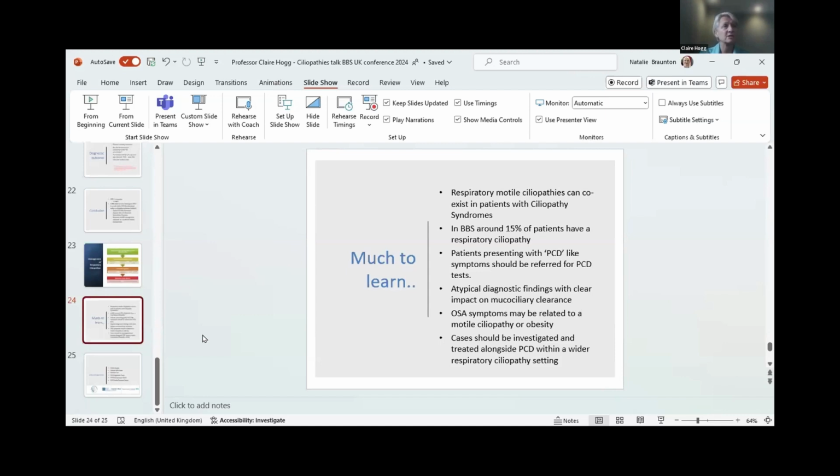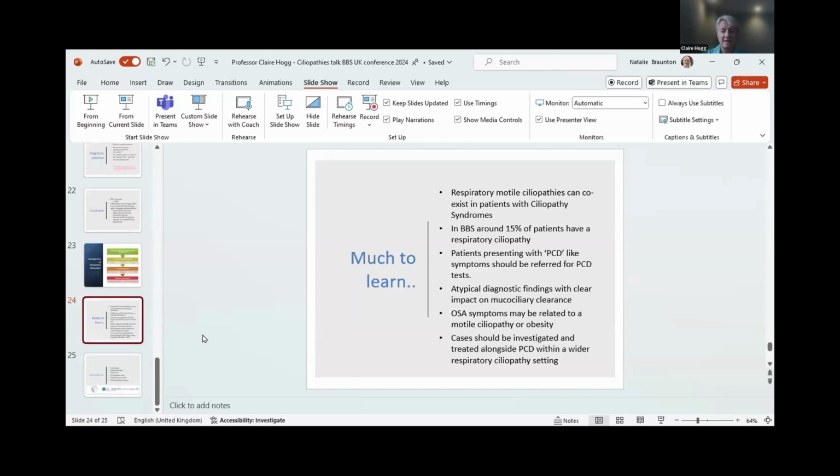What's really interesting to us is that they present and have the same functional clinical picture. The defect in their cilia creates the same clinical picture, but the diagnostic findings are so very different between primary ciliary dyskinesia and the primary ciliopathies, and we're not sure why that is. We don't see those inclusion bodies in very long cilia in primary ciliary dyskinesia.